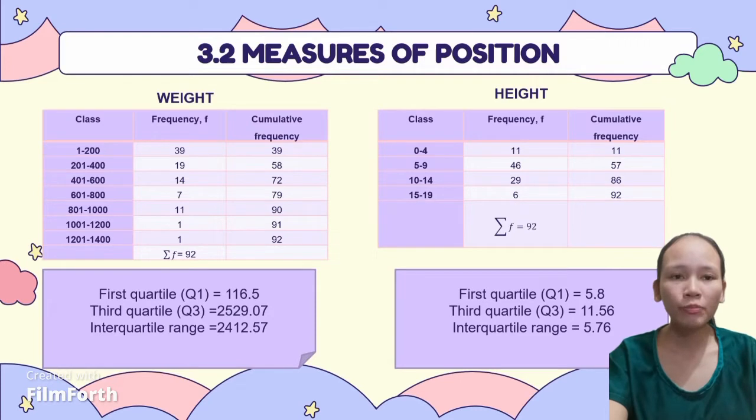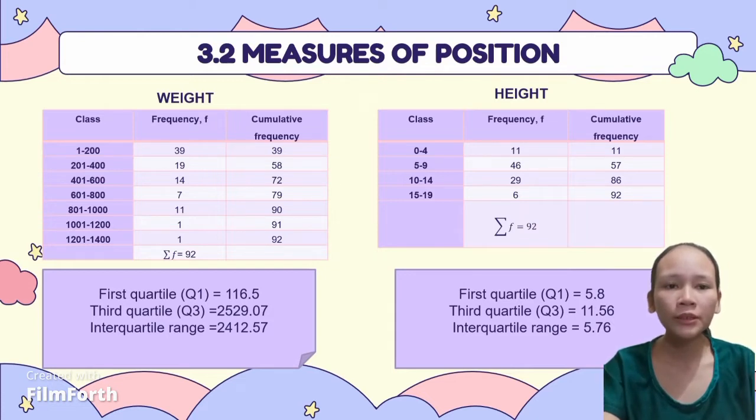Next is measures of position. A measure of position determines the position of a single value in relation to other values in a sample or population dataset. Unlike the mean and the standard deviation, descriptive measures based on quantiles are not sensitive to the influence of a few extreme observations.